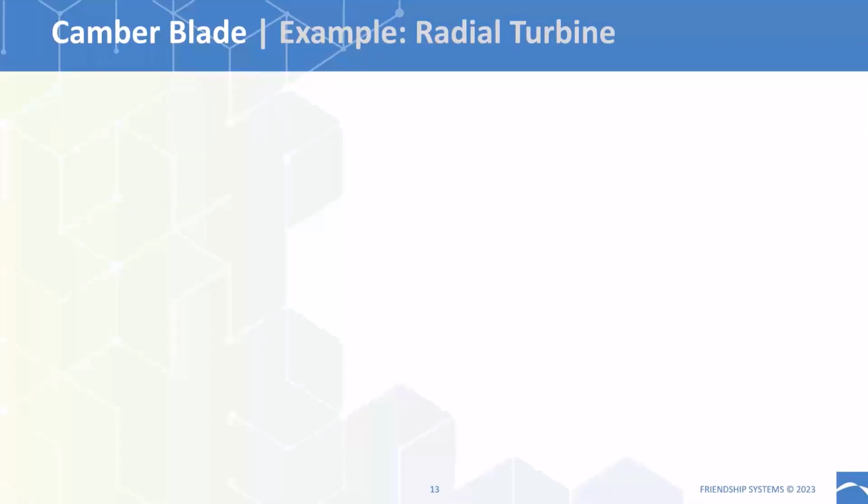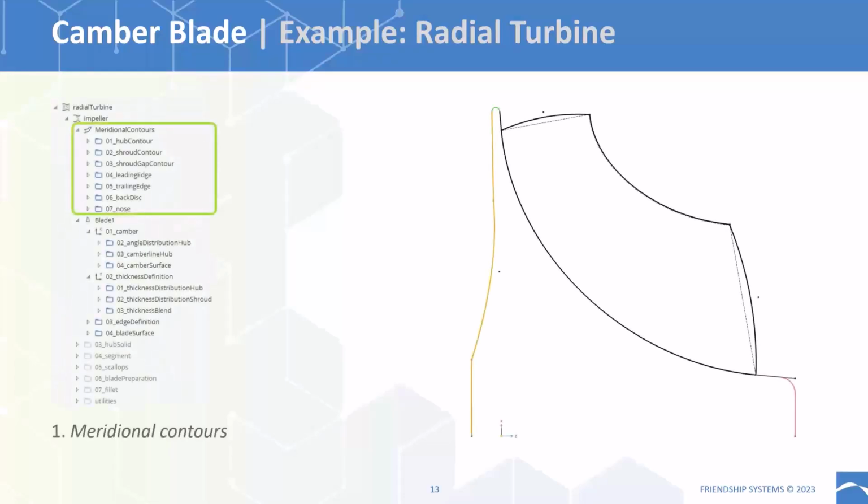And if we look at an example here for a radial turbine, we can go through these steps that I mentioned. For example, we start by creating a turbomachine and a bladed component here.